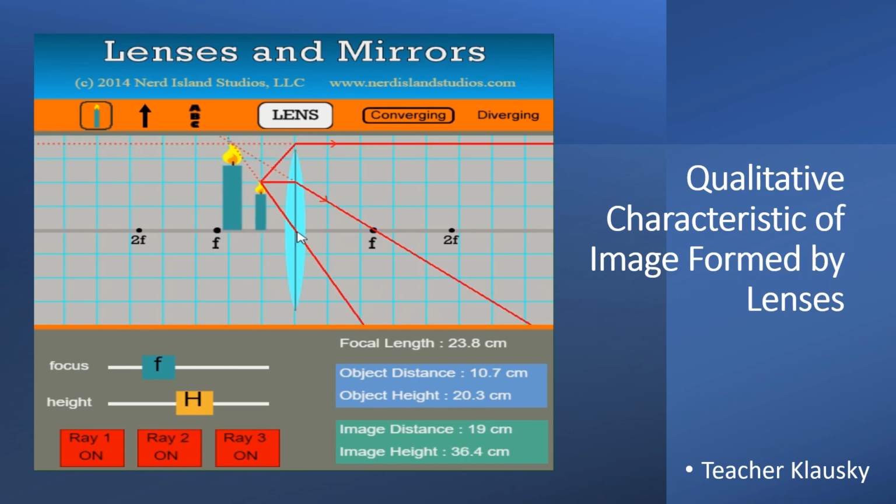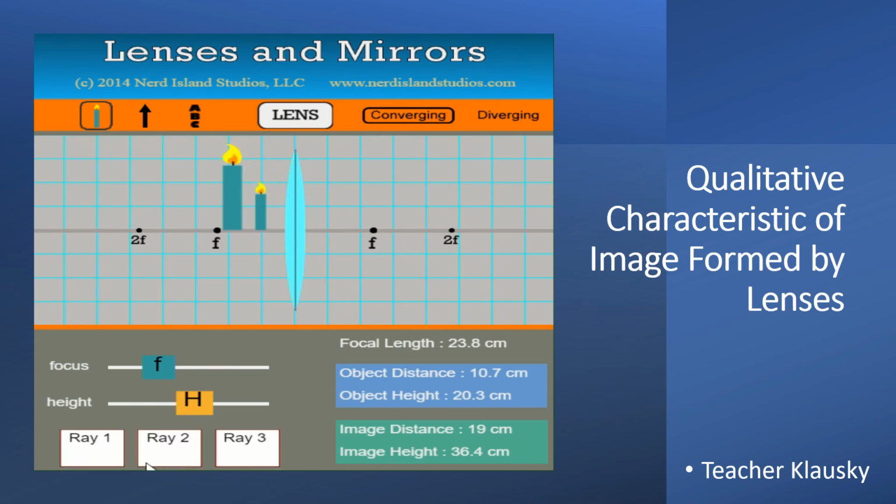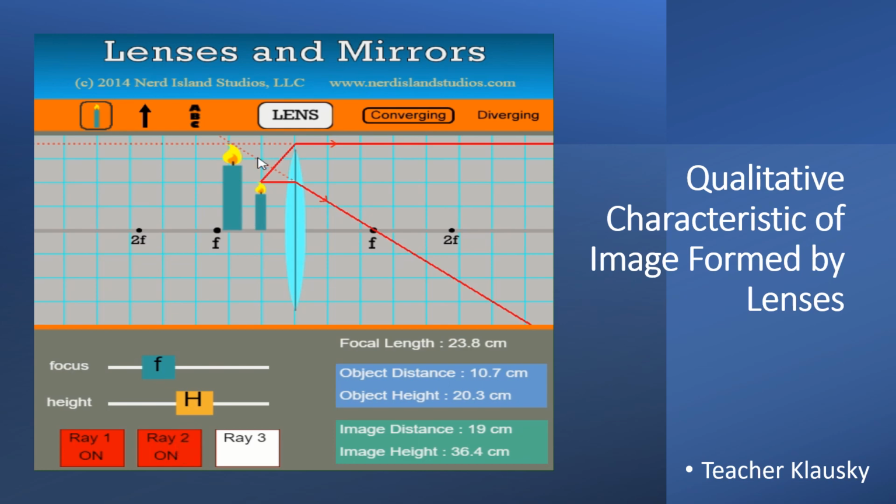Now what if this time we move the object closer to the lens, or between the focal point and the vertex of the lens? We observe that there are meetings of the three rays. So we have here ray 1, ray 2, and ray 3. If we extend the broken lines here, they intersect in the first surface or on the left side of the lens. So that's why the image is located on the left side of the lens or in the first surface of the lens.